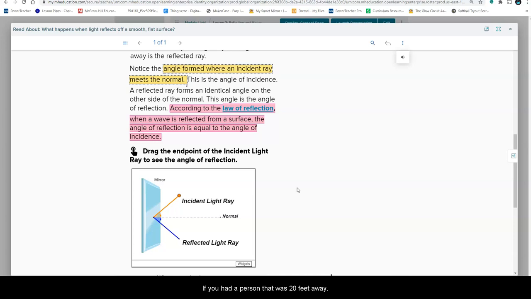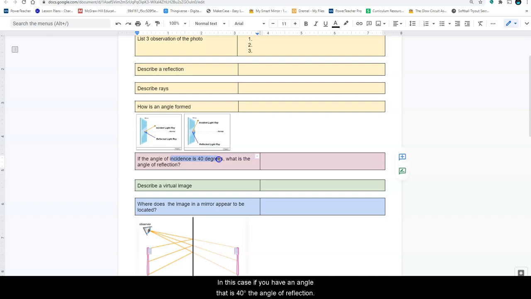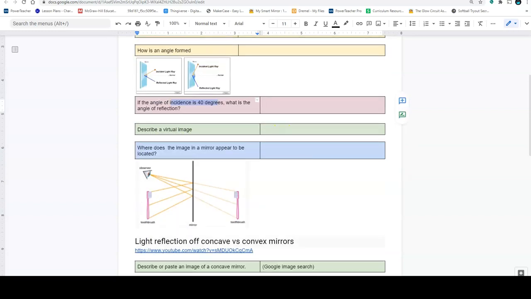If you had a person that was 20 feet away, you might be doing one large bounce pass, and you might bounce in the middle, which would be approximately 10 feet. So wherever you have that ball bouncing, or whatever that angle is, the opposite angle of reflection is always going to be equal and opposite. So in this case, if we have an angle that is 40 degrees, the angle of reflection is going to be 40 degrees also.